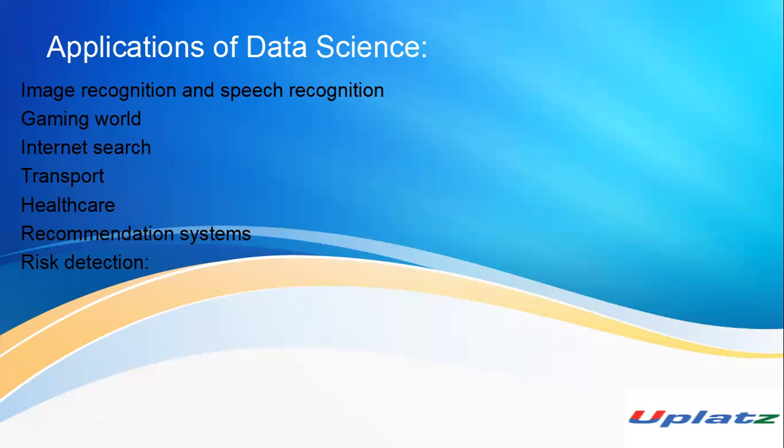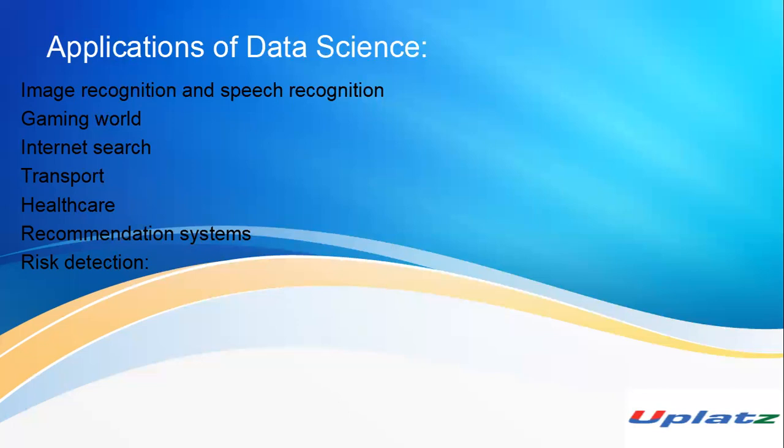Then in the healthcare sector, data science is providing lots of benefits. Data science is being used for tumor detection, disease detection, drug discovery, medical image analysis, virtual medical bots, etc. Bots are not only in healthcare, they are present in almost every website, right? The chatbot. Then recommendation systems.